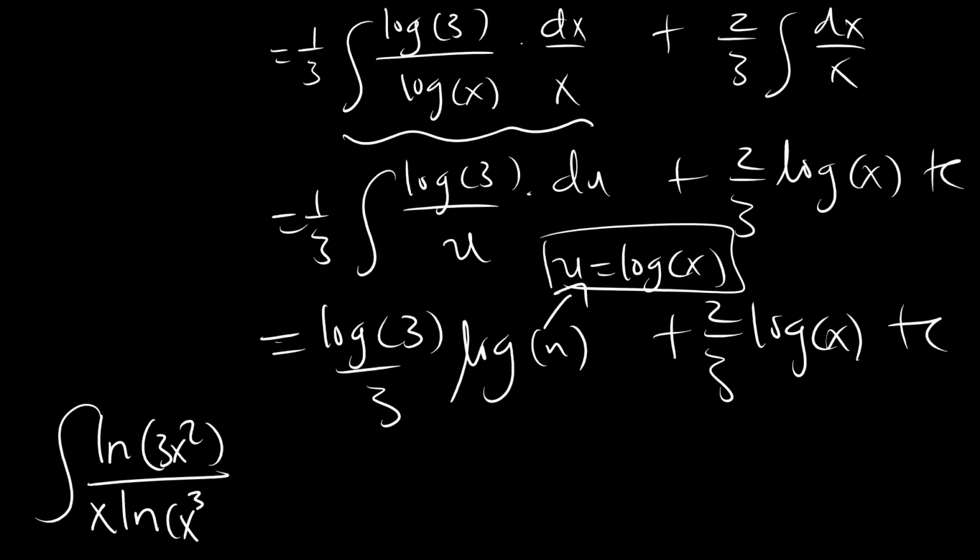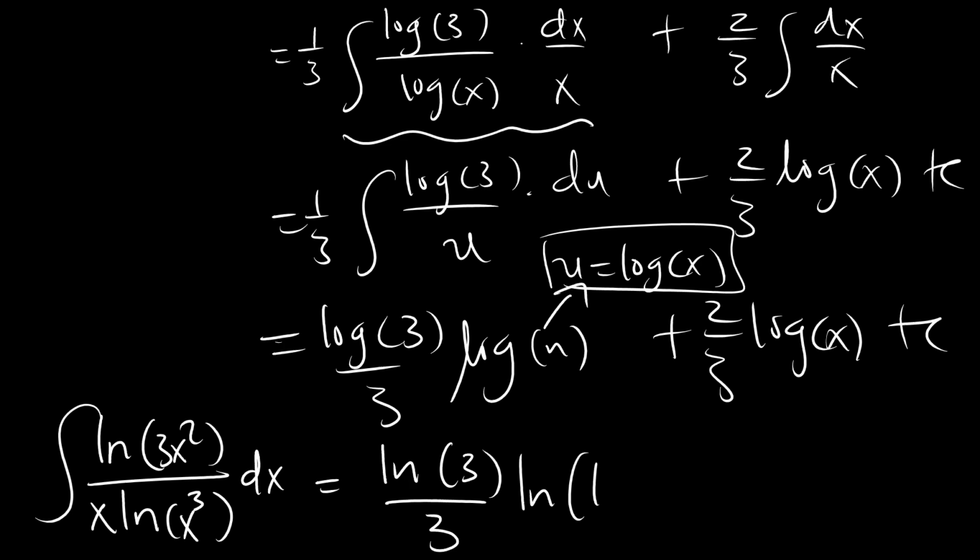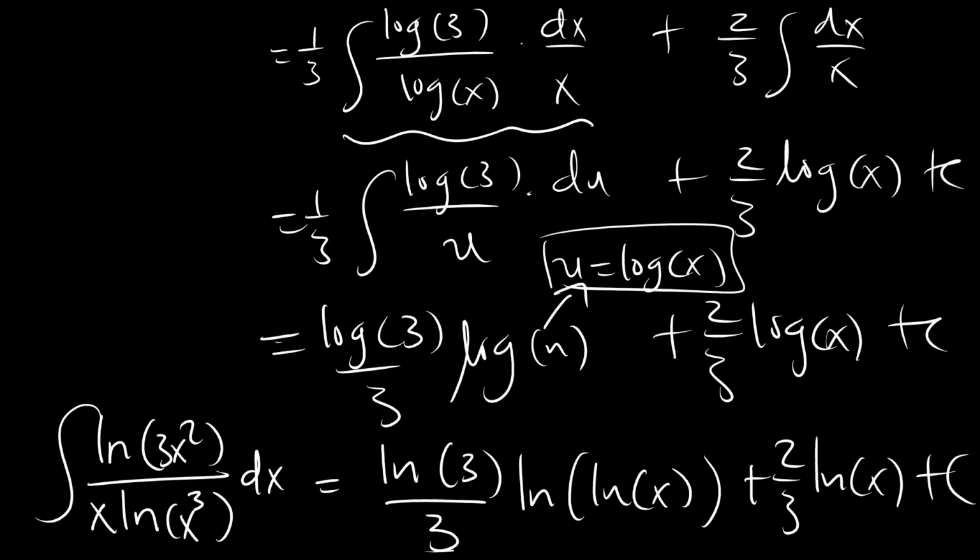The integral is equal to ln 3 over 3 ln of x plus 2 over 3 ln of x plus the integration constant. And that is the answer. Okay, let's move forward.